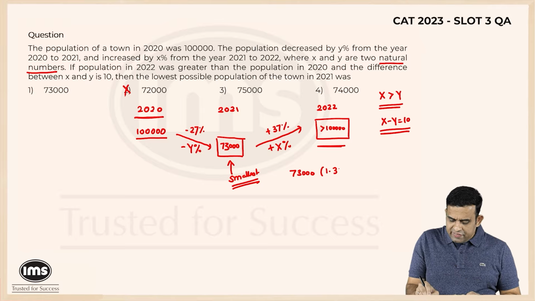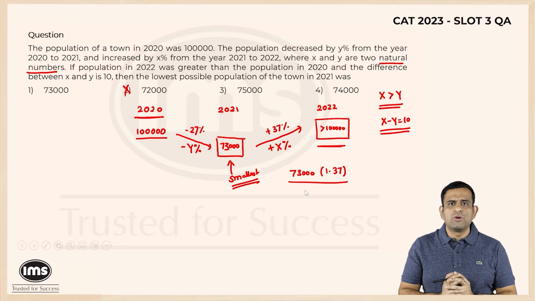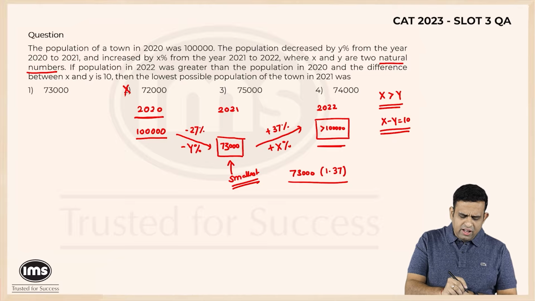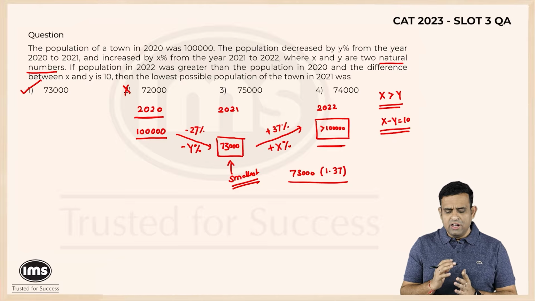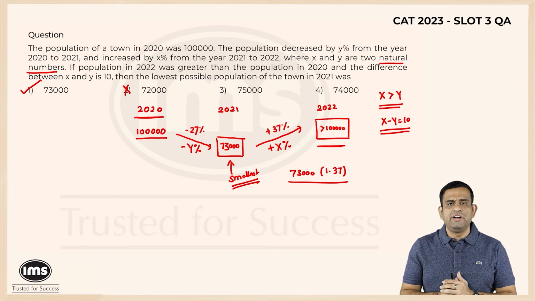So 73,000 into 1.37 will give you a value which is slightly more than 1 lakh. Again, do take the help of a calculator, and I can freely choose to mark option number 1 as the answer. I won't be bothering about putting the values of x and y for 75,000 and 74,000.